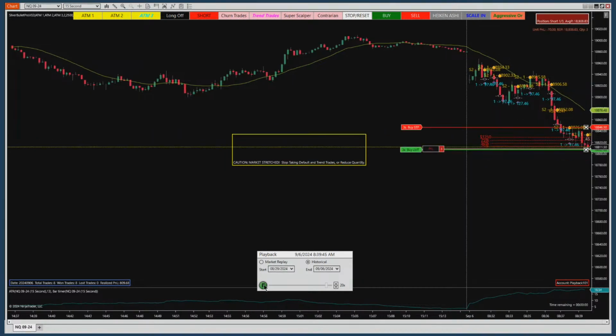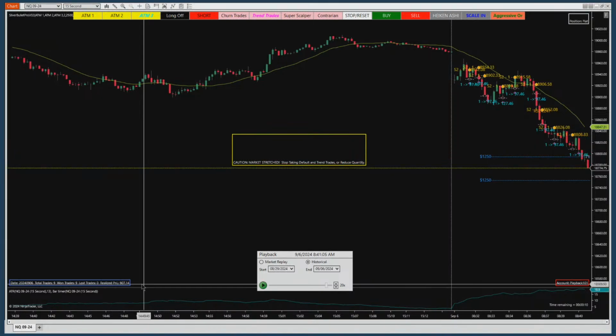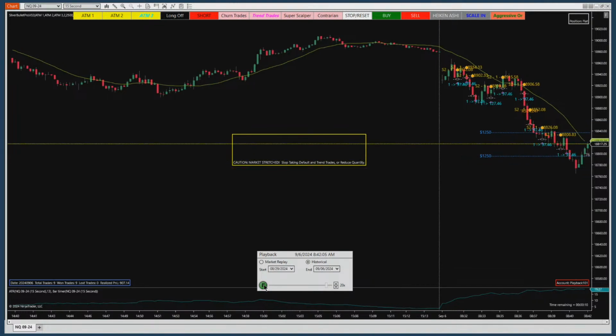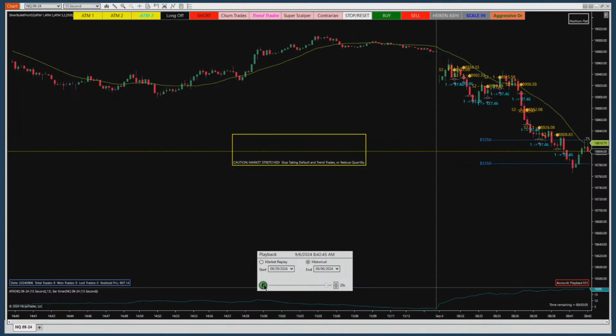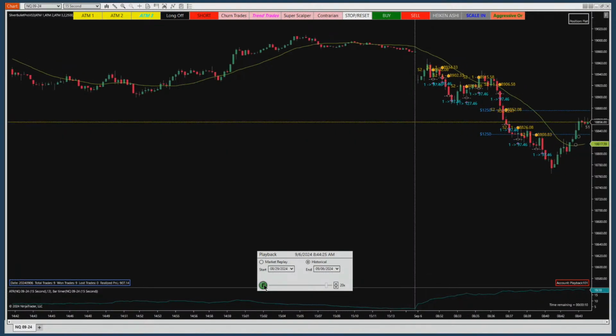And it's making profit faster here with trend trades. Target filled. Wow. So 9 trades, $900. And how many minutes? 11 minutes since the market opened? Okay, the trend trades are really working well with this market today.